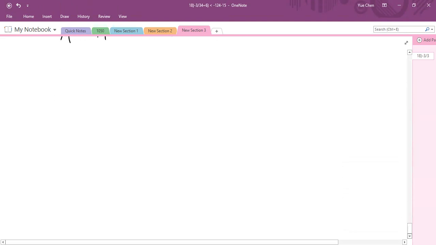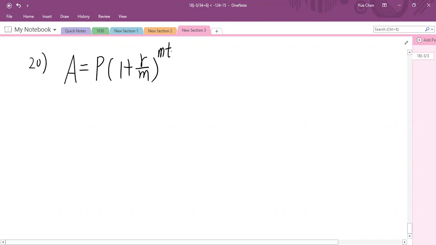Number 20, this is compounded quarterly. So we need to use the compound interest formula, which is A equals P times (1 plus R over M) to the MT. So here P equals 3,500.